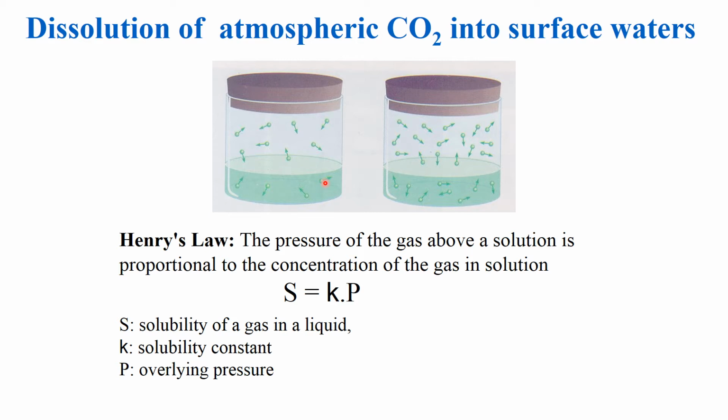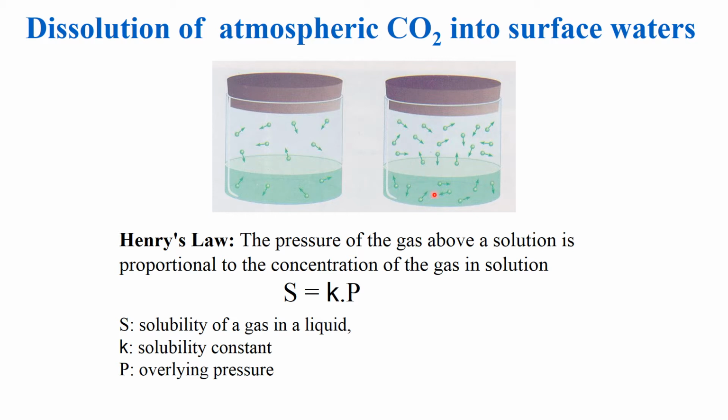So it's not liquid CO2 or liquid oxygen, it's dissolved, so it's aqueous. In a similar way that salt might dissolve in water, the molecules of gas are dissolved in the water. Now the concept of Henry's law is that this proportion of partial pressure in the overlying atmosphere to dissolved concentration is a constant.